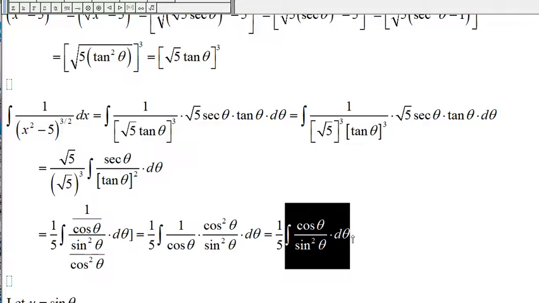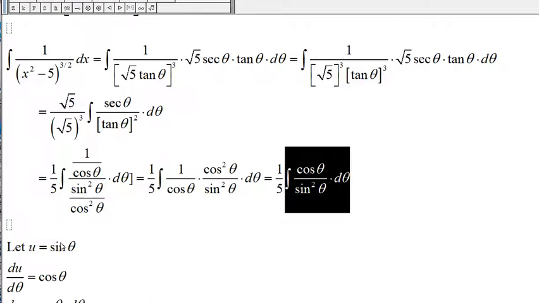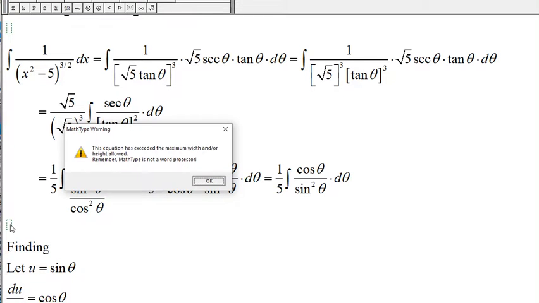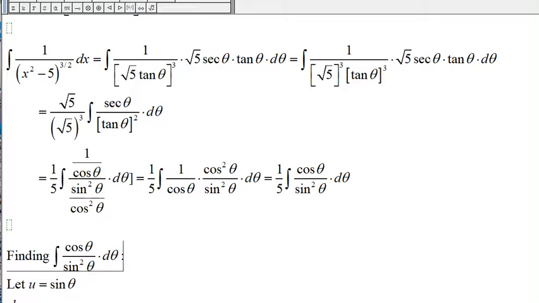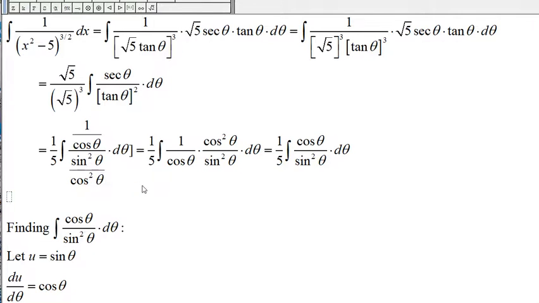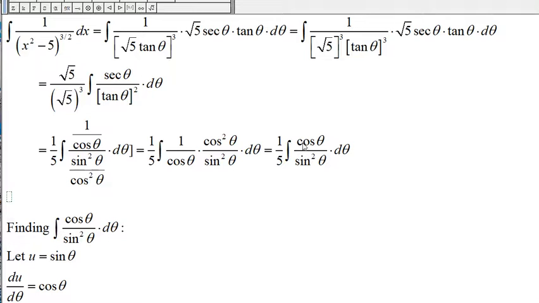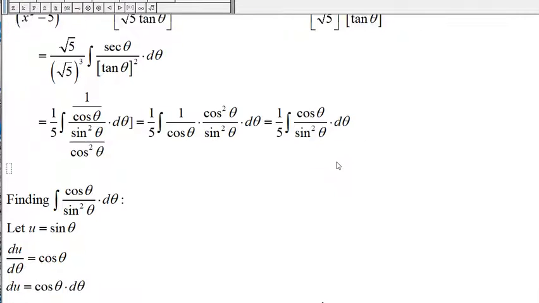And for this integral, we can use U substitution. So far we end up with 1/5 times this integral, and now we're going to find this integral right here.